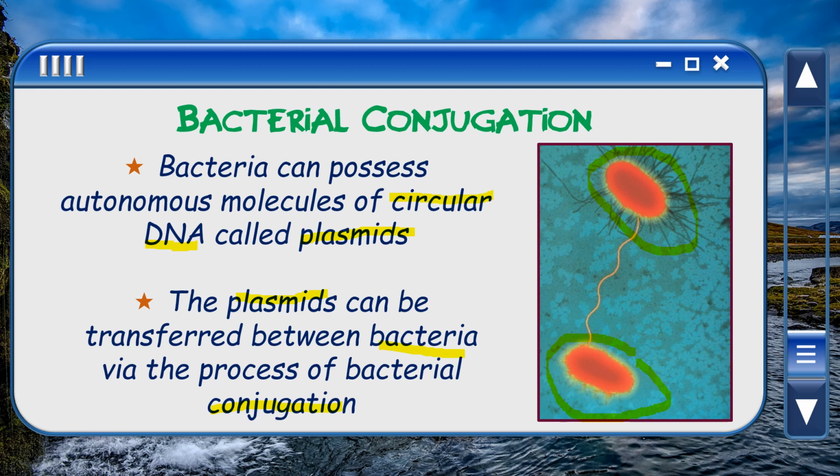They have what we call the pili. These pili form the conjugation pili, so there is transfer of the plasmid from one bacterium to another via the pili.